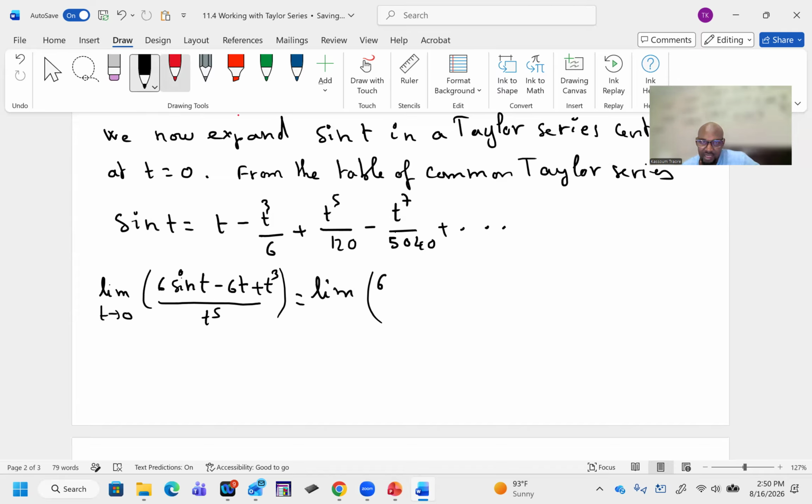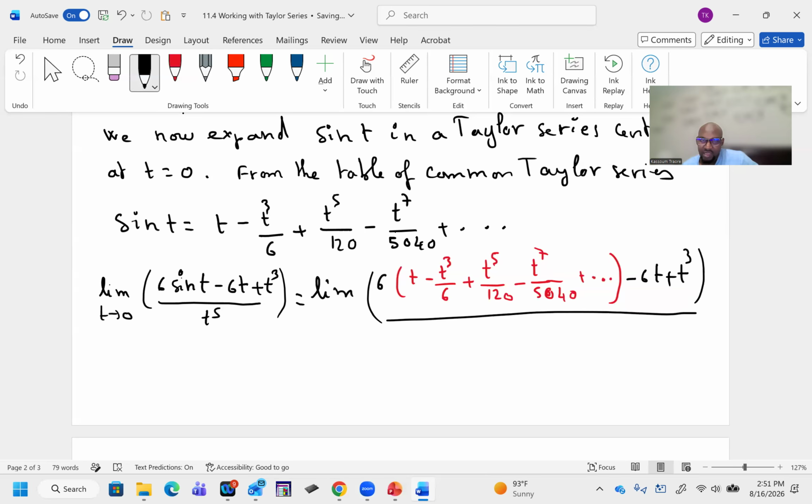My sine t is t minus t to the power of 3 divided by 6 plus t to the power of 5 divided by 120 minus t to the power of 7 divided by 5040 plus and so on, close. Then minus 6t plus t to the power of 3. Everything will be divided by t to the power of 5.